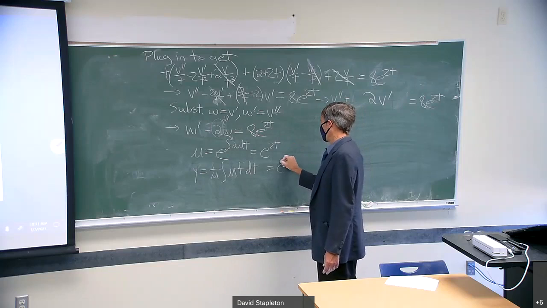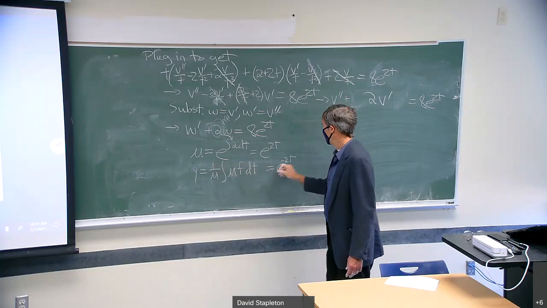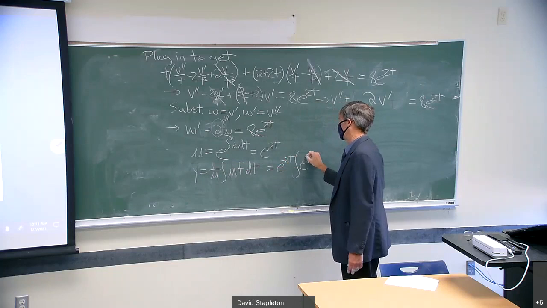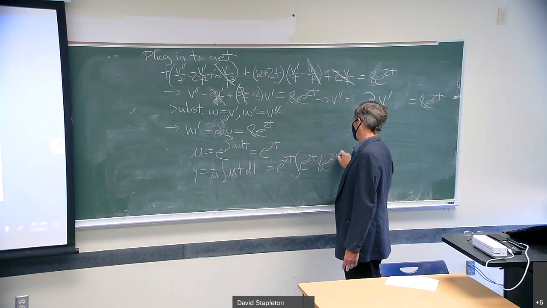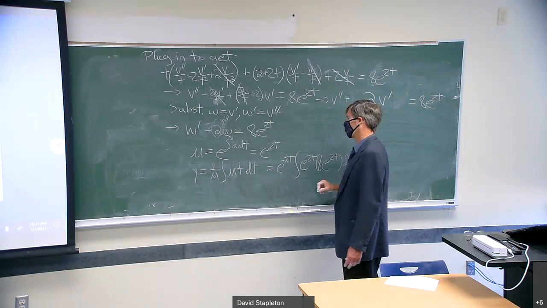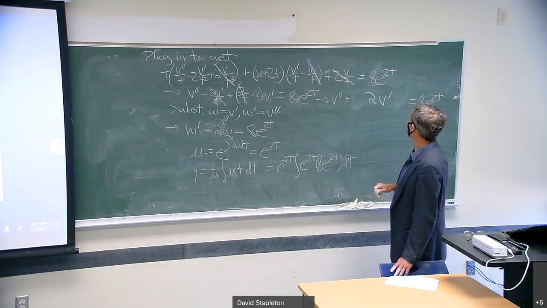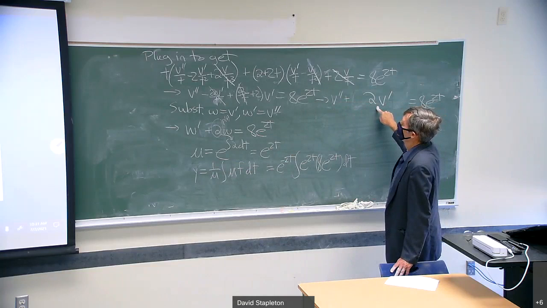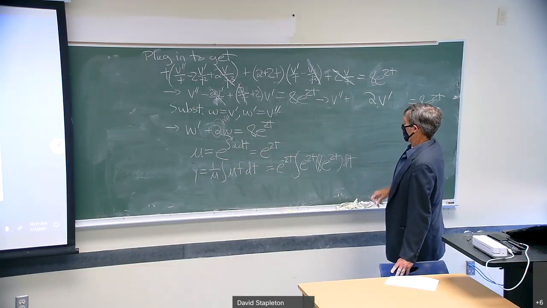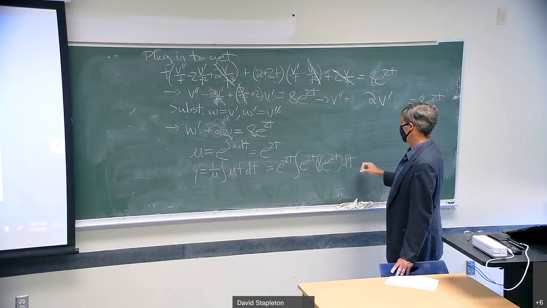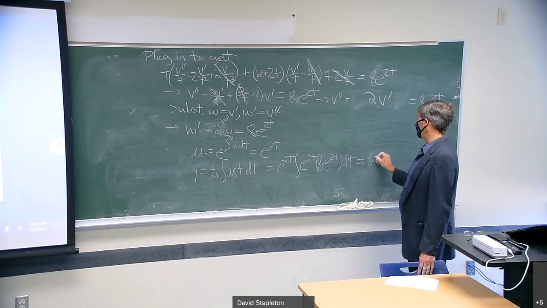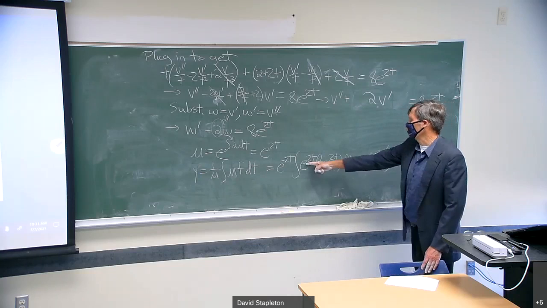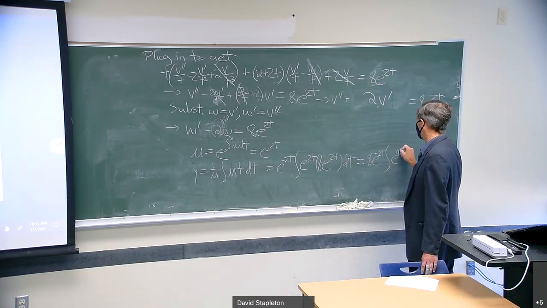It's supposed to be e to the minus 2t, which is 1 over e to the 2t, times the integral of mu, which is e to the plus 2t, times f, which is 8 e to the 2t, dt. And now we've got 8 e to the minus 2t times the integral of e to the 2t times e to the 2t, which is e to the 4t, right?